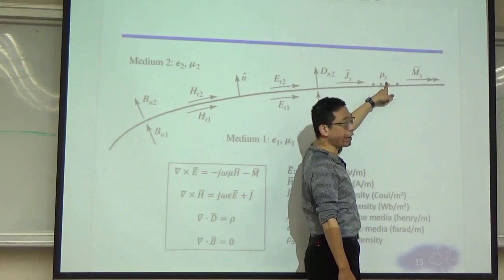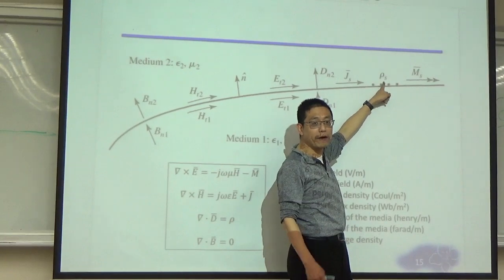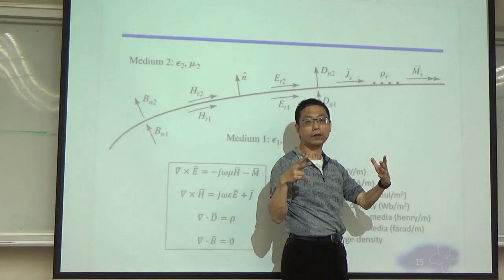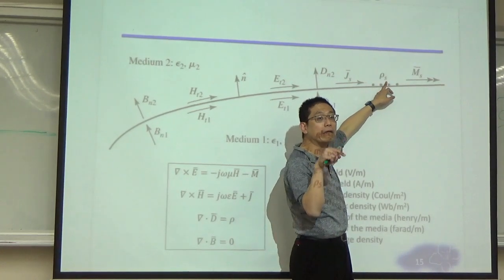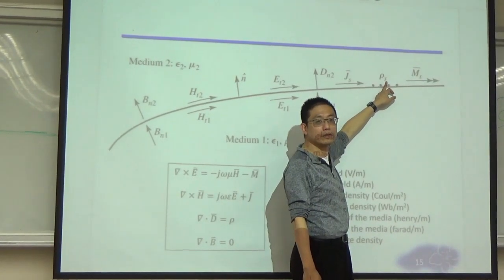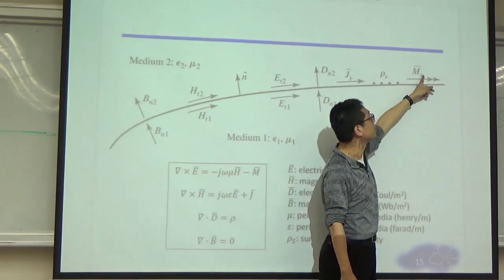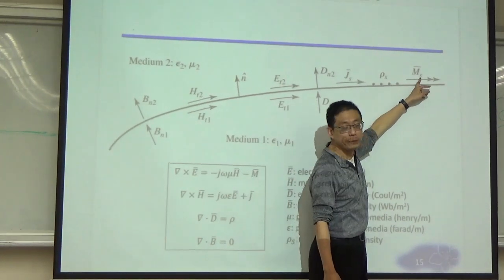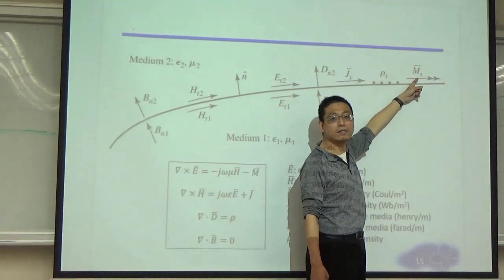And rho s is a charge divided by the surface area, so rho s is a charge density that depends on the area. And Ms is something that does not actually happen, but we also write it down because it is a magnetic current density.